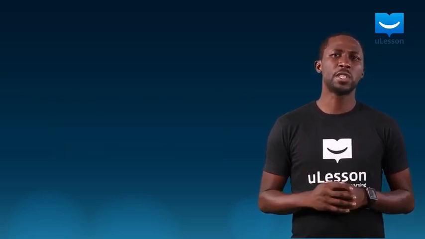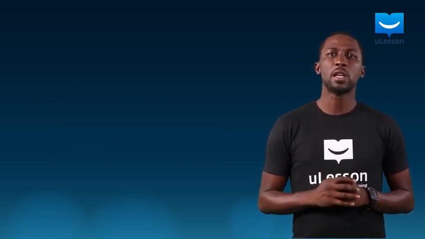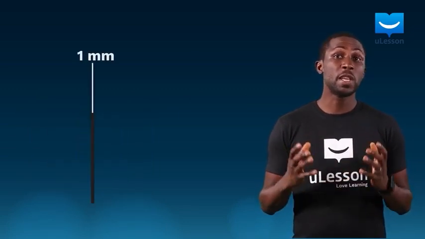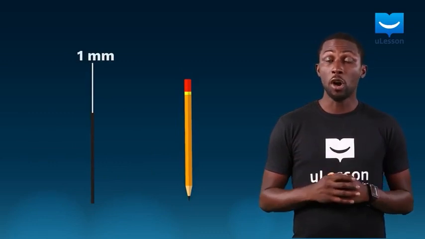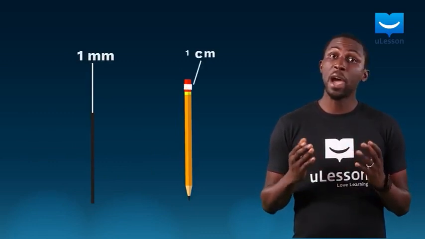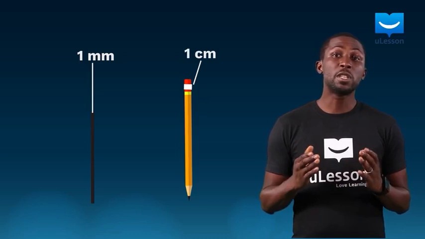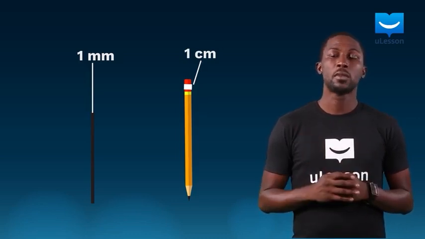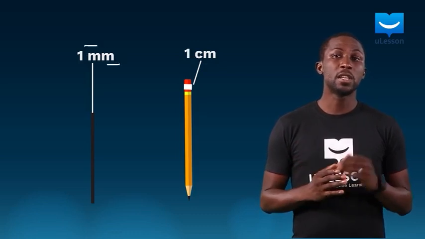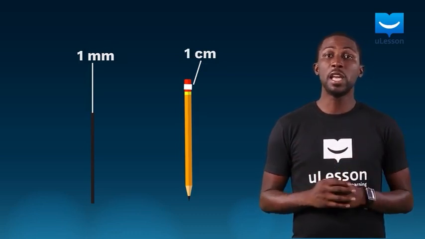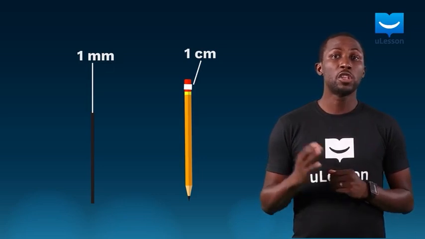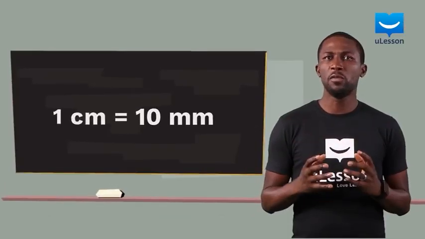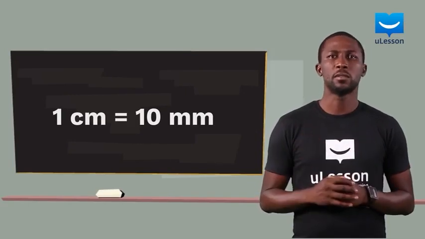Now, for easy understanding, 1 millimeter is about the thickness of your ATM card, while a centimeter is about the thickness or the diameter of your pencil or biro. The centimeter is denoted by the letters cm, and the millimeter by the letters mm. Note here that these are all small letters. Now, 1 centimeter is equivalent to 10 millimeters.